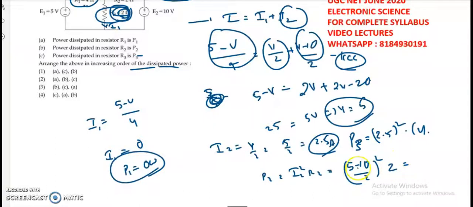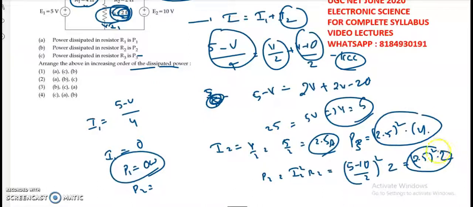So this becomes equal to minus 5 by 2, which means minus 2.5, whole squared into 2. But because the whole thing is squared, the minus will vanish. So I got P1 is equal to 0 watts, P2 is equal to 2.5 whole squared into 2, and P3 also 2.5 whole squared into 2, right? So now I got P3 is equal to P2, but P1 is equal to 0.